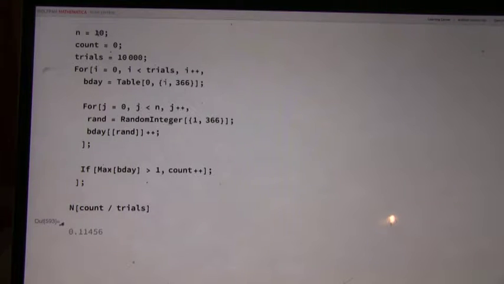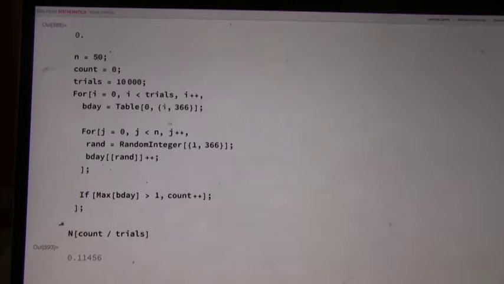Okay, so what number do you want to try next? Let's try 50 people. All right, so what do you expect here? With 50 people, what do you expect the chances of a match is? Well, it's like about 1/7 of the total number of possible birthdays.